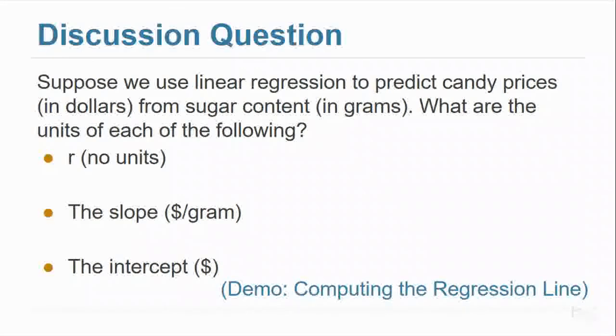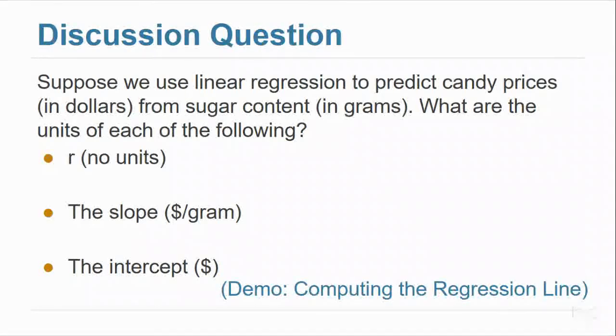Okay, we're trying to predict candy prices. So if I'm imagining this line of best fit, the y-coordinates are candy prices, measured in dollars, and the x-coordinates are sugar content, measured in grams. R, the correlation coefficient, actually has no units. Remember that standard units don't have a unit measure, and so r itself has no units.